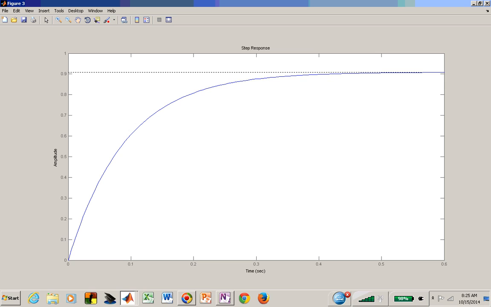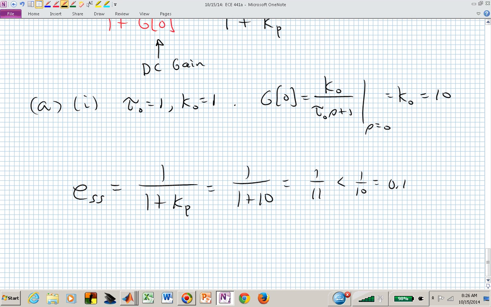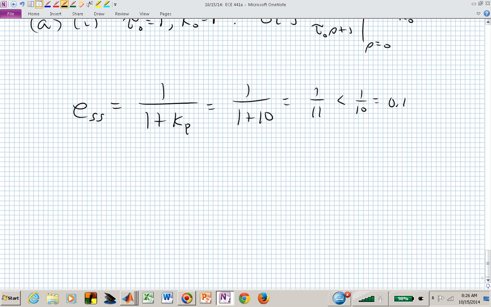The steady state error is 1/11th. Is that clear? There is the steady state error staring at us very clearly. For this first order system, it seems consistent. We now have this first order response. All right, so there's the steady state error for system A.